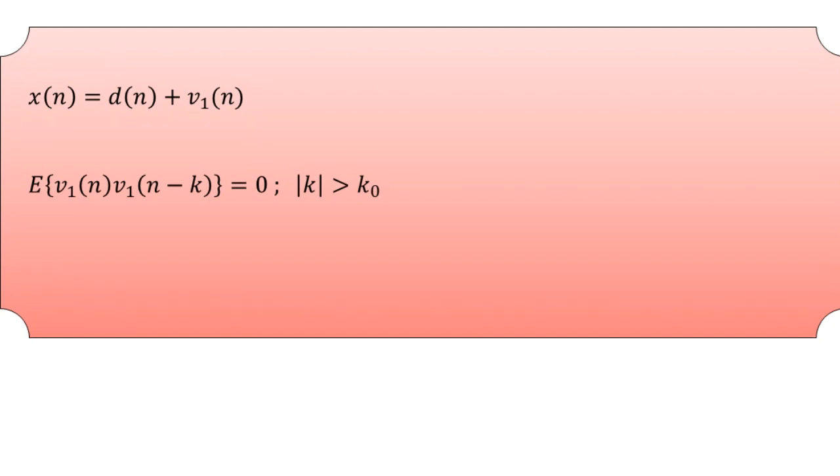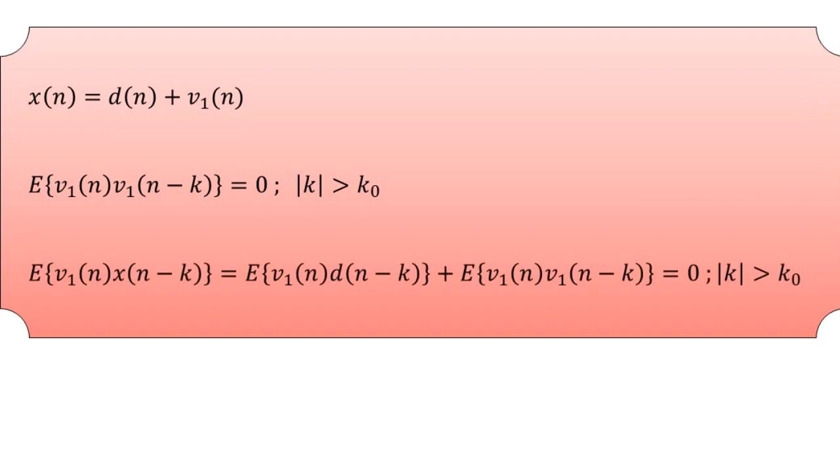So if we have the desired signal d of n and the noise signal v1 of n uncorrelated, at that time we represent the expected value of v1 of n multiplied by x of n minus k as the sum of two terms.